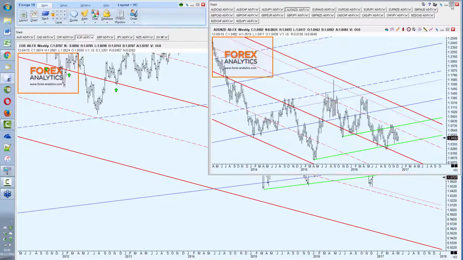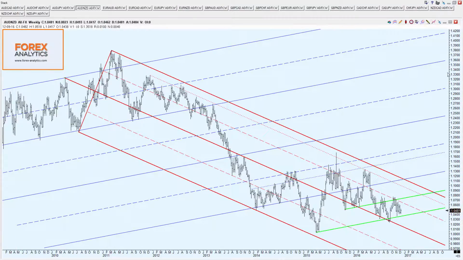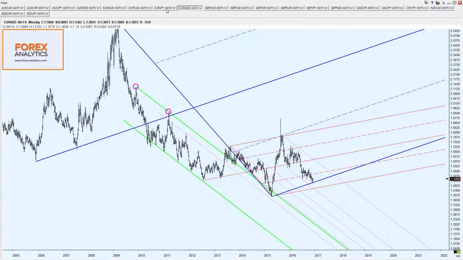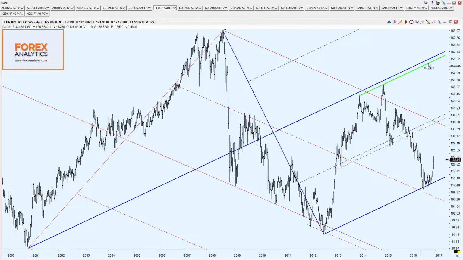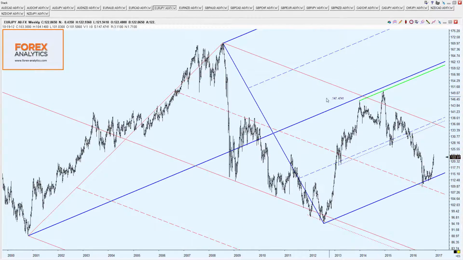Let me go over to the cross pairs, and you can see up at the top here all the various pairs that I cover. I think there's about 18 of them, and I think where we've been seeing a lot is, oh, I know, euro yen. Here we go. This is one that we've been watching for quite some time. This is a weekly chart. It goes back a long, long way to 2001. We've got a really nice ABC here.